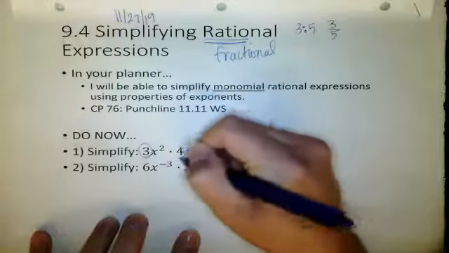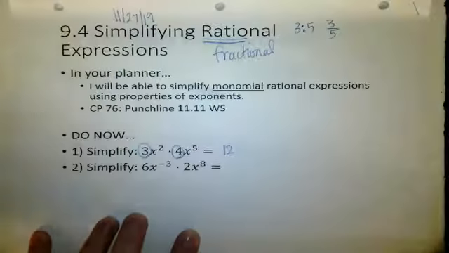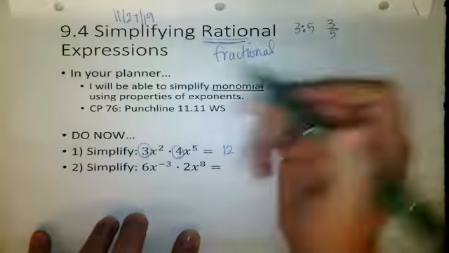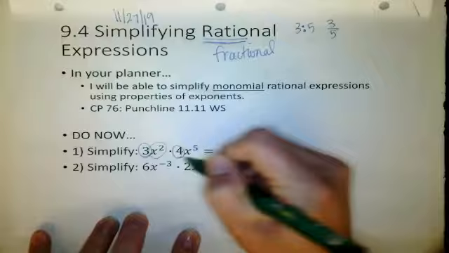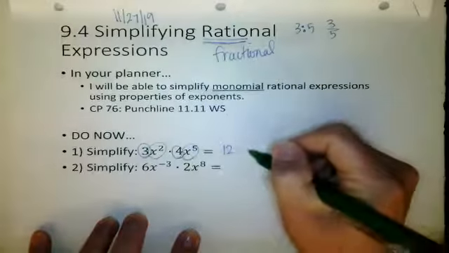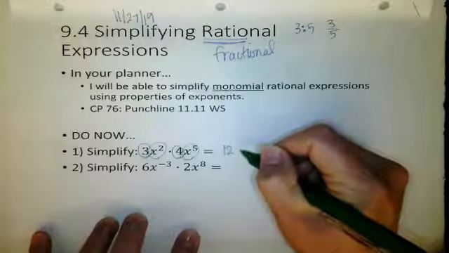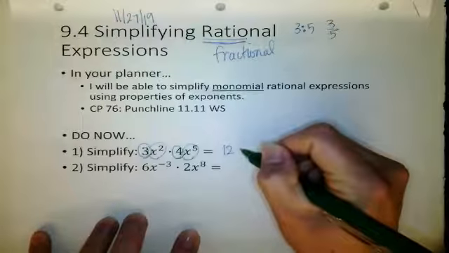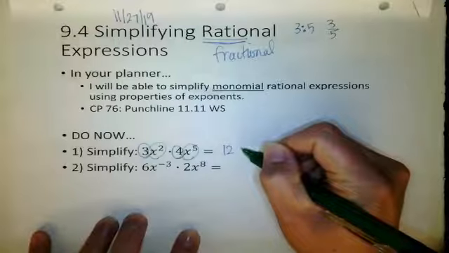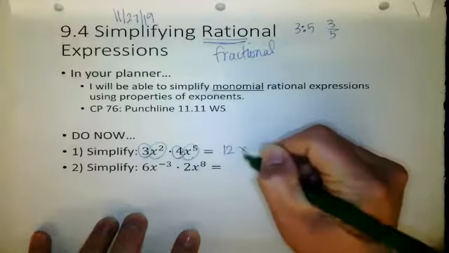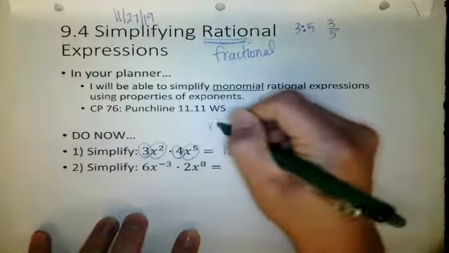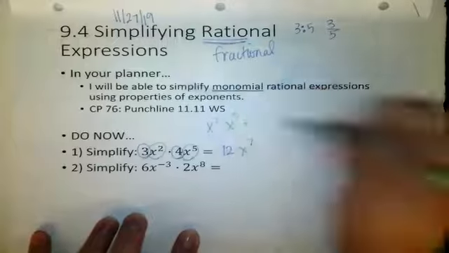Very good, because 3 times 4 is 12. What about the x's? We want to multiply x squared times x to the 5th. What does that give you? X to the 7th. Very good.